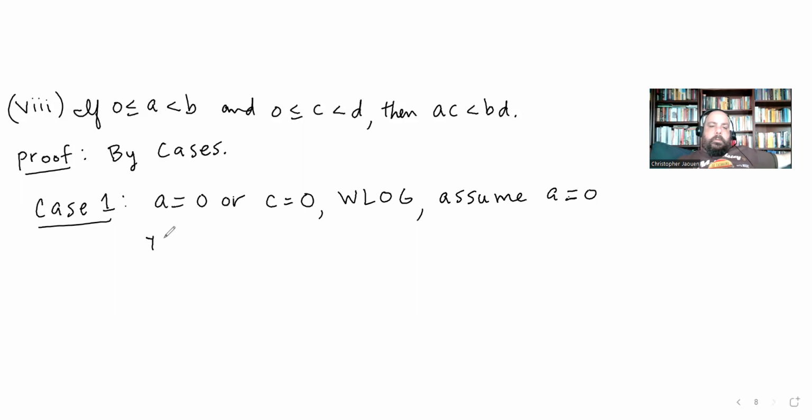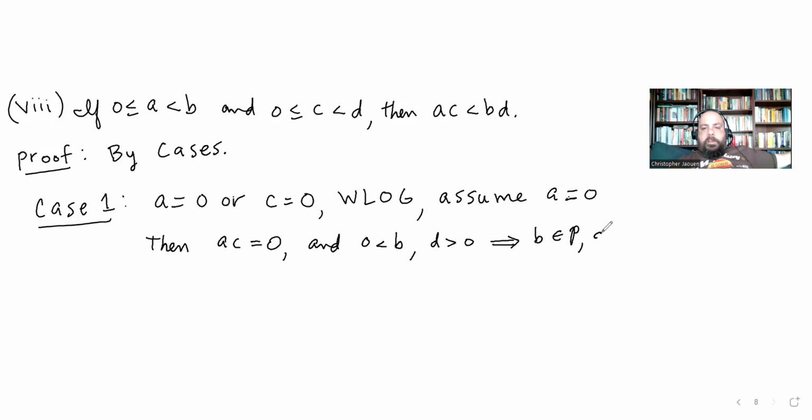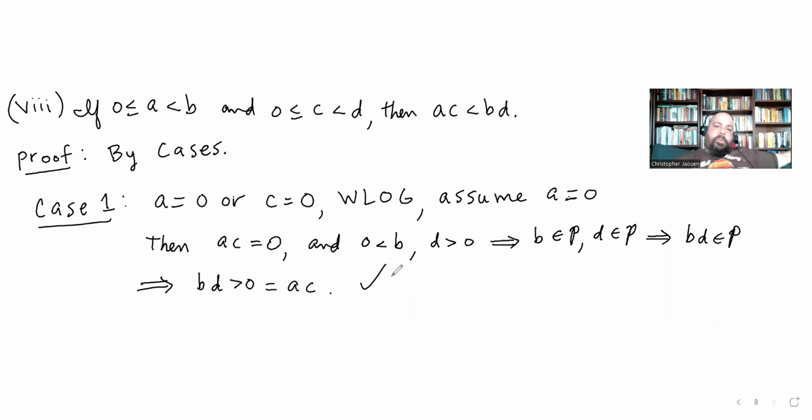Okay, then AC is 0. And B greater than 0, D greater than 0 implies B positive and D positive, which implies BD is positive, which means BD greater than 0 equals AC. That shows that case 1 holds.